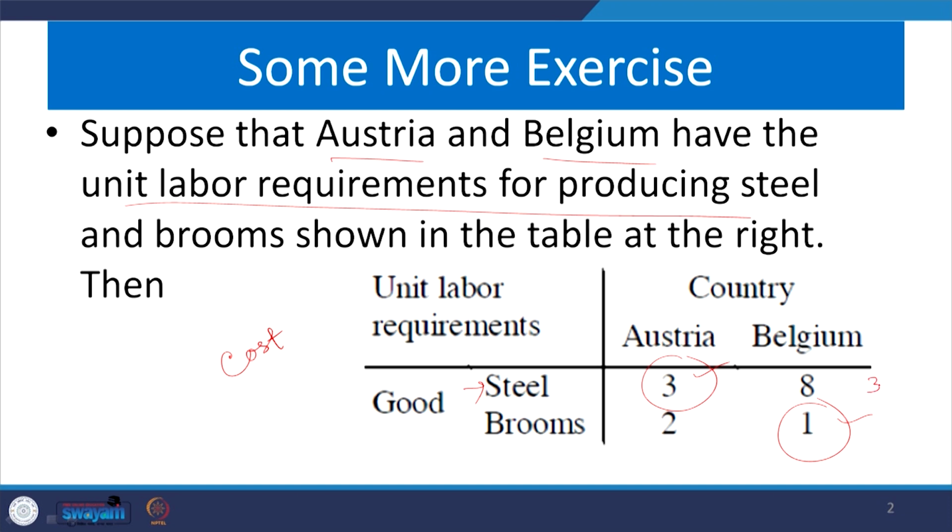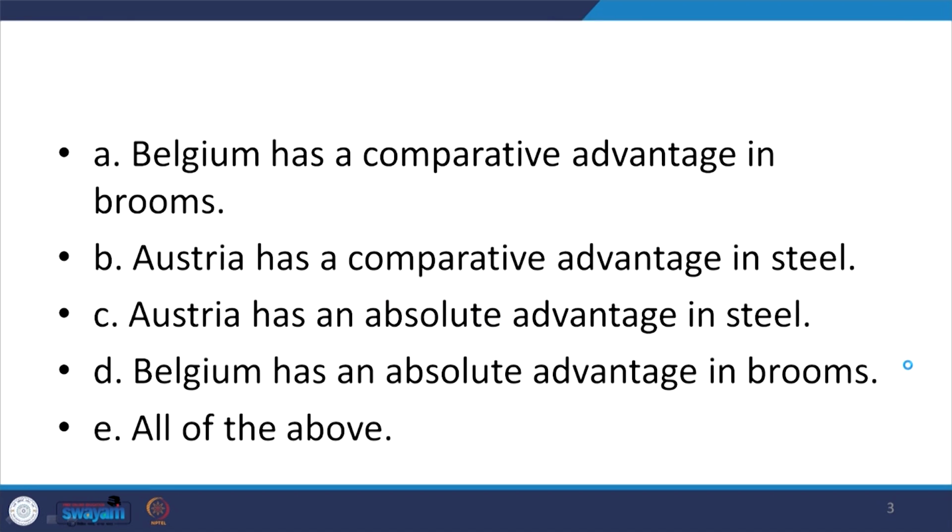So, it is 3 upon 8, and this is 2 upon 1. Now, 3 upon 8 and 2 upon 1 are not equal for sure. Since they are relatively different, there is another window of international trade due to comparative cost advantage as well. These are the preliminary points before going to check your objective question.